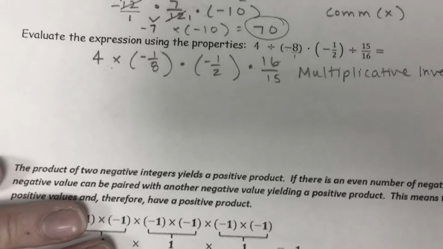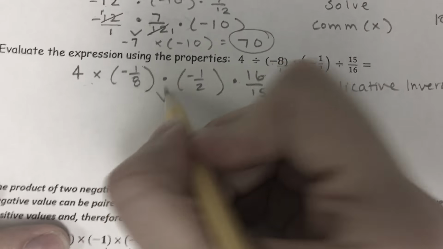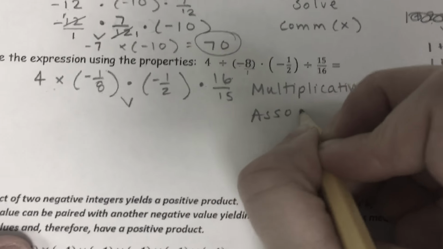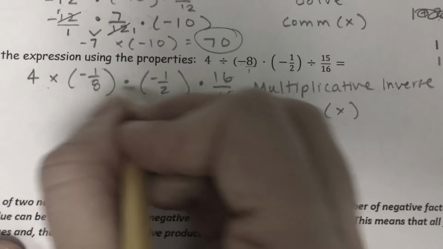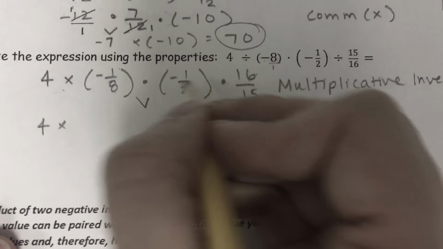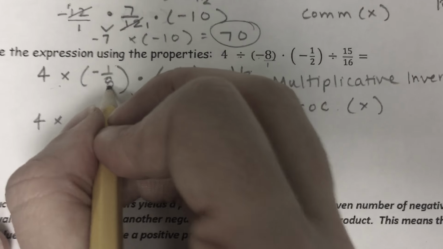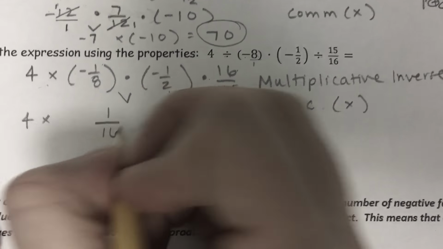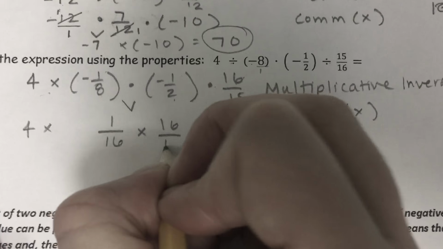All right, what we're going to do next is I'm going to use the associative property of multiplication to multiply these two numbers together. So negative 1 times negative 1, we get a positive 1 on top, and 8 times 2 is 16, times 16 over 15.